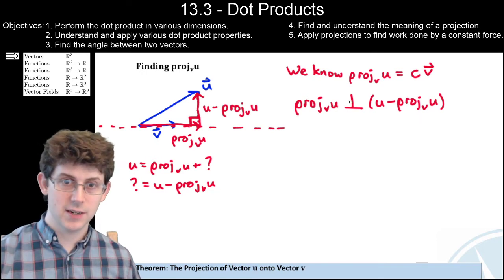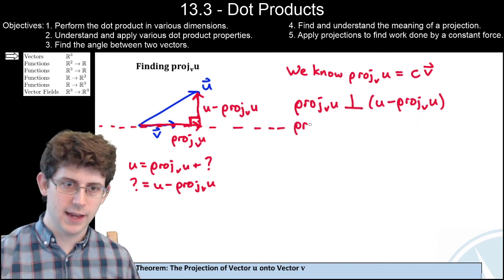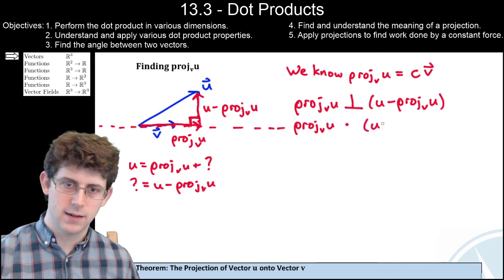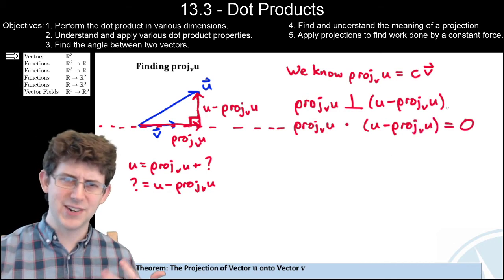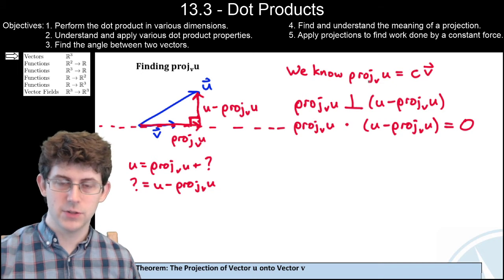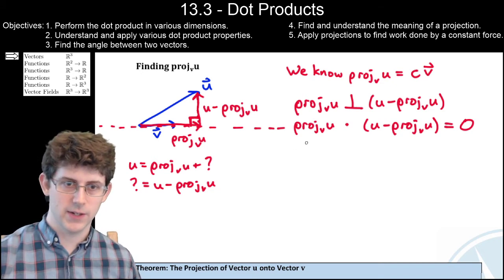So since these two things are perpendicular, that means that their dot product is 0. It turns a geometric fact into an algebraic equation. It's really good. Okay, we already wrote proj v of u is this constant times v, so let's substitute that in.